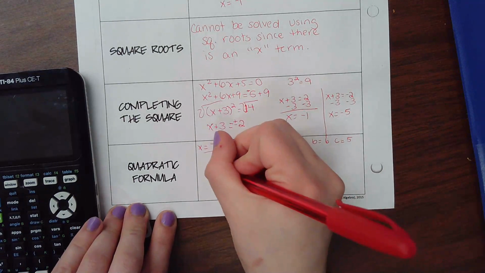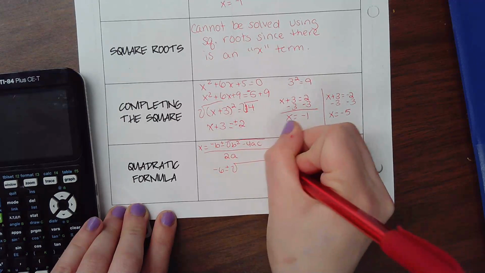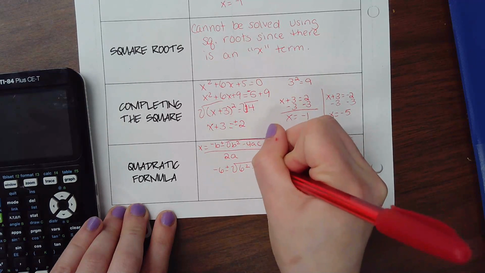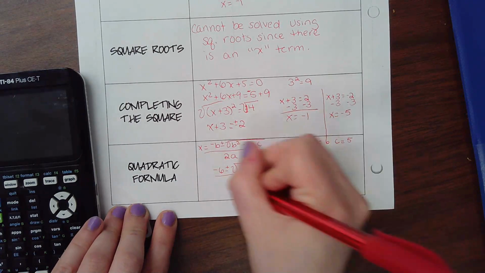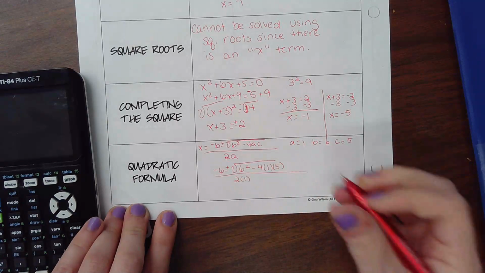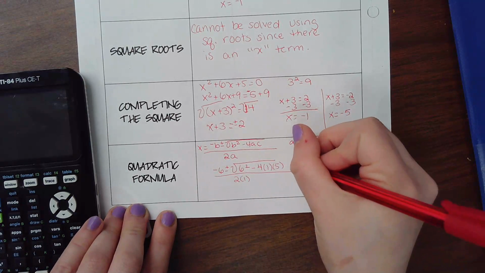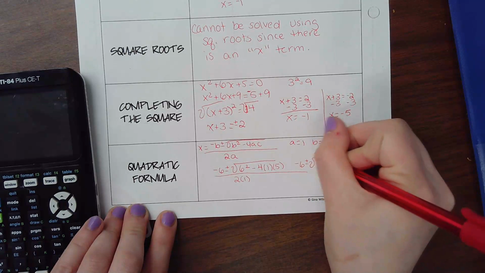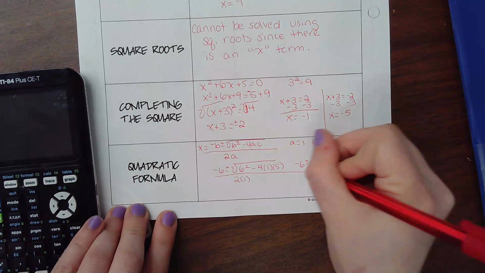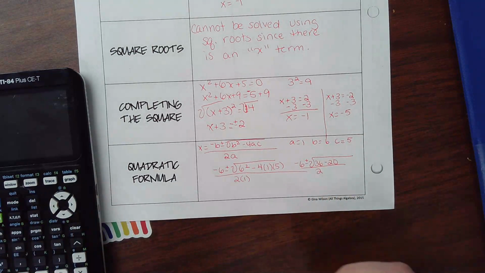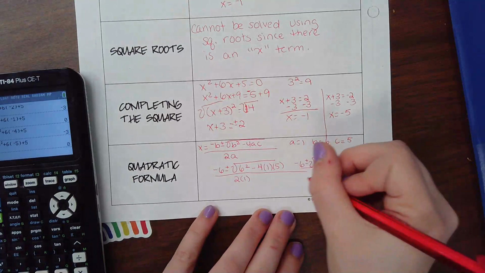So it's negative 6 plus or minus the square root of 6 squared minus 4 times 1 times 5 all over 2 times 1. So then I start to simplify. 36 minus 20 is 16.